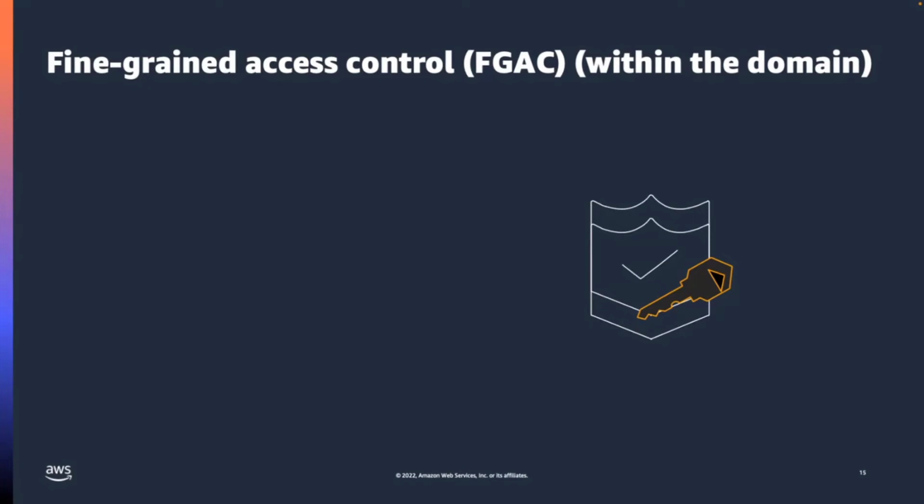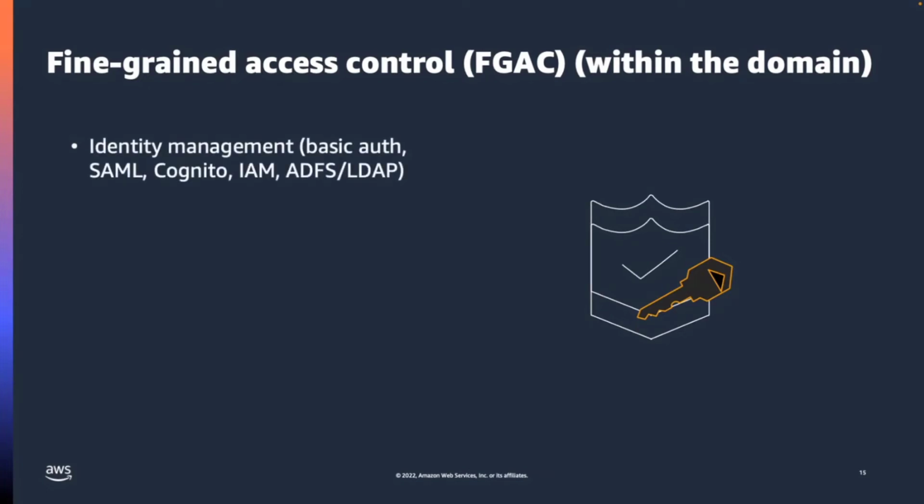So let's talk about some of the aspects of fine-grained access control. The first one is identity management. Fine-grained access control allows you many different approaches to manage your identities. You may choose to have local identities on the cluster. So maybe you only have a few users logging into your cluster, and you don't really want to go through configuring complex authentication mechanisms.